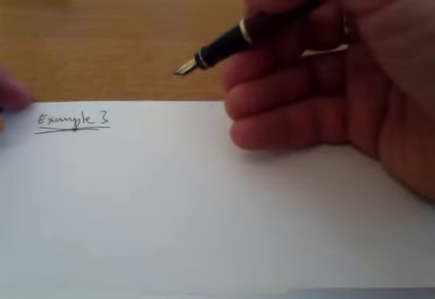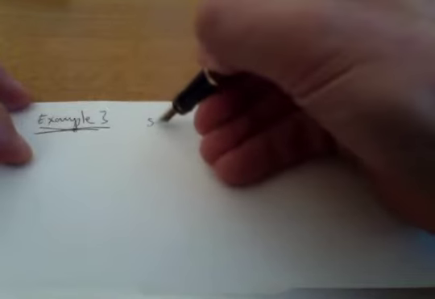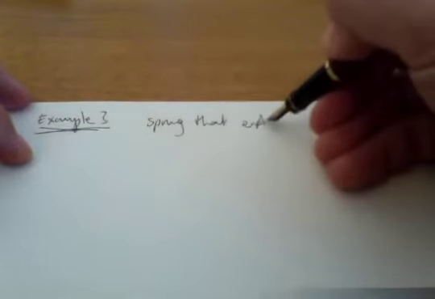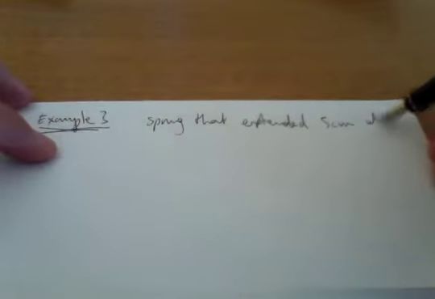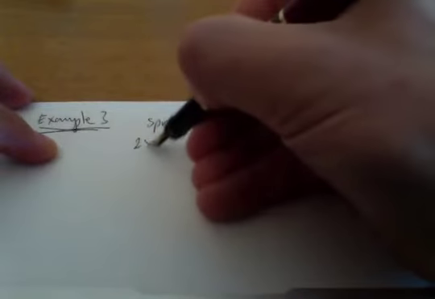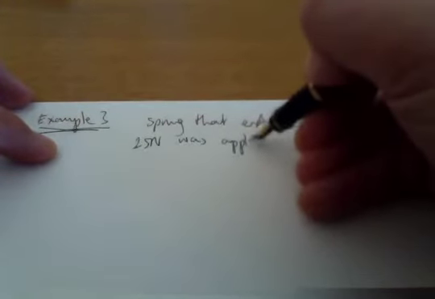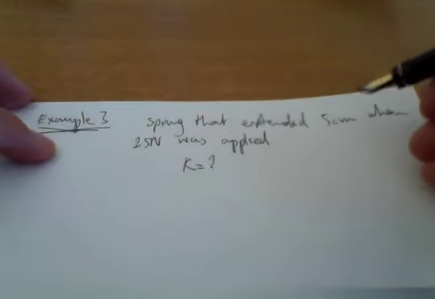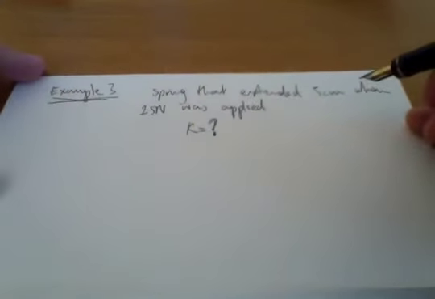Okay, let's imagine we had a spring that extended 5 centimetres when 25 newtons was applied. What does K equal? What is the spring constant? If you think you know, hit pause, otherwise here we go.